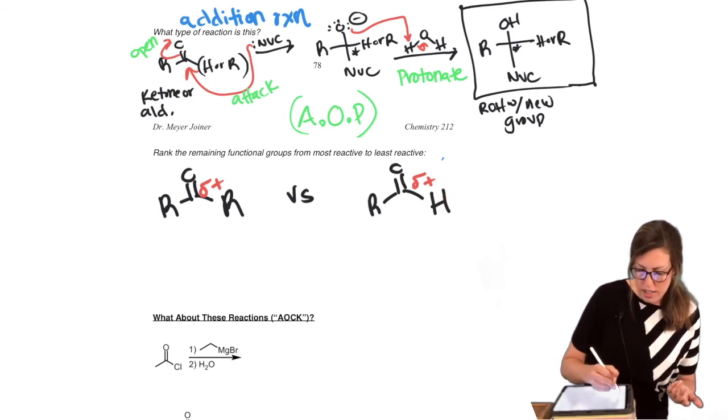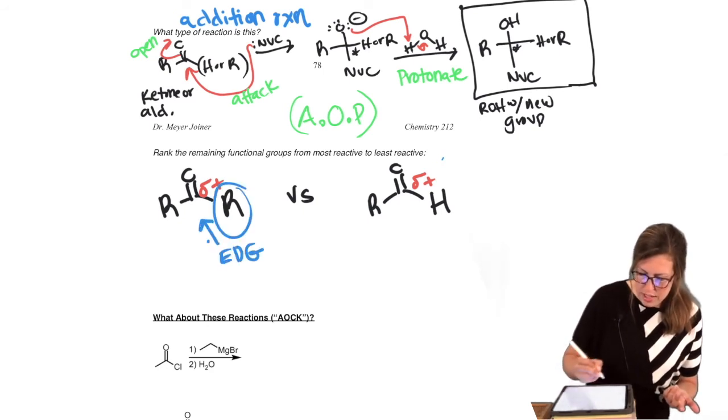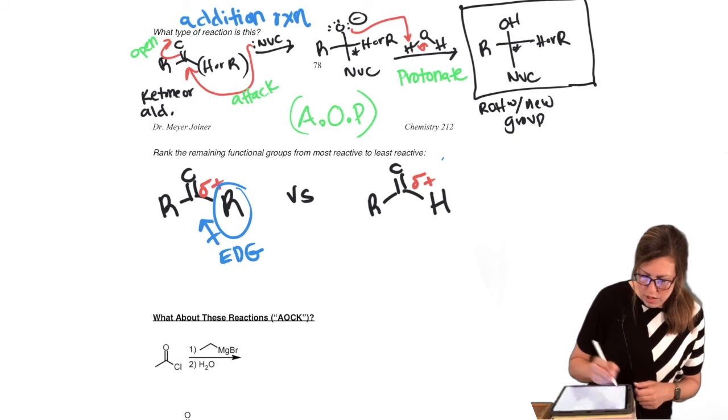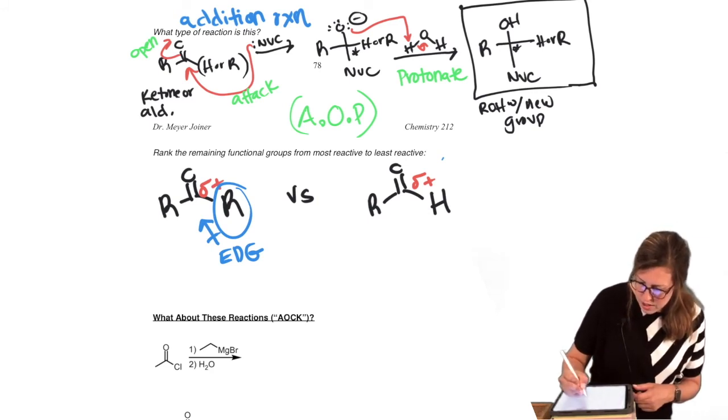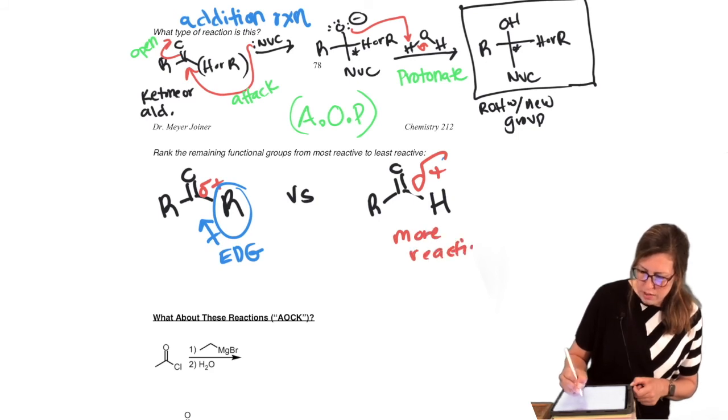Since R is electron donating, that diminishes that delta plus. So what I'm going to do is make this, by comparison, just to kind of exaggerate it, a bigger delta plus. And that means it's more reactive.